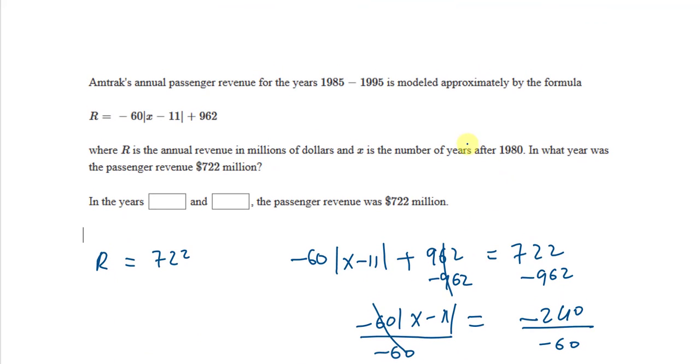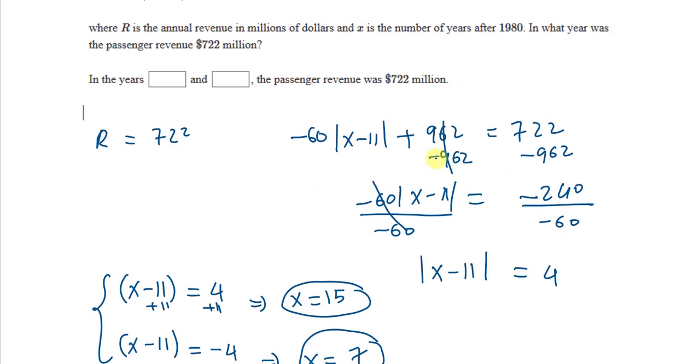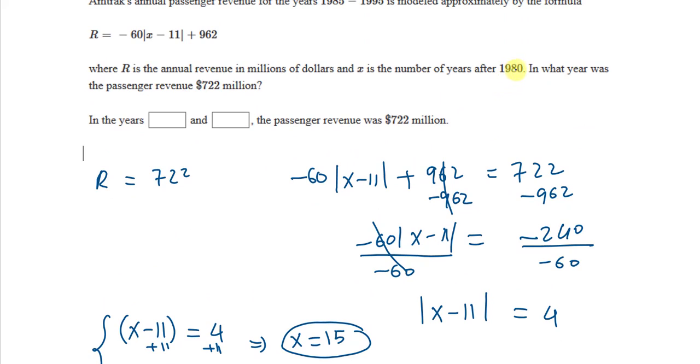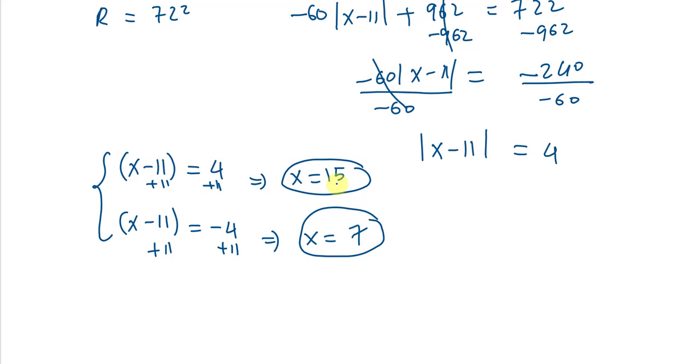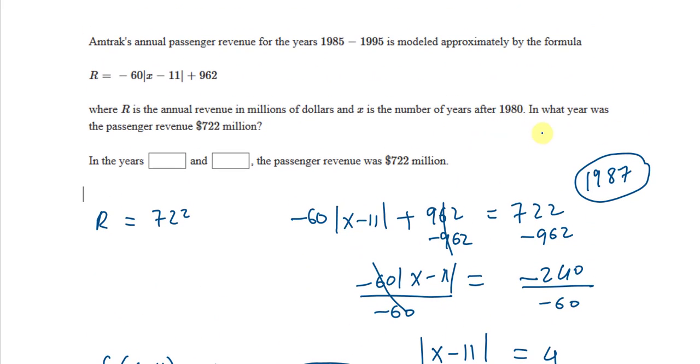Now go back to the problem. X is the number of years after 1980. So 7 means 7 years after 1980, which is 1987. The next one is 15 years after 1980. So 1980 plus 15 is 1995.